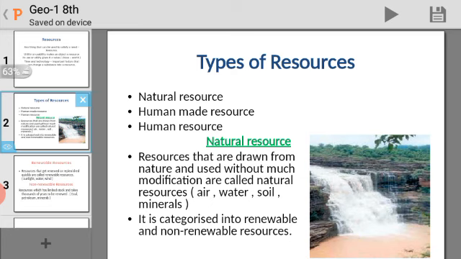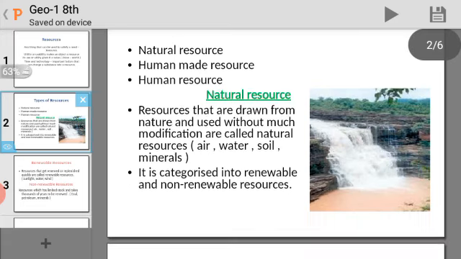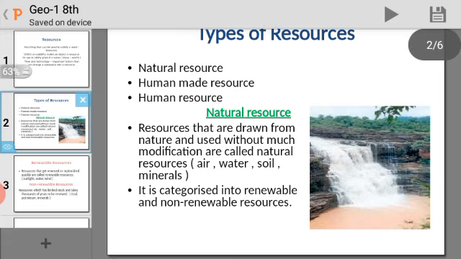Natural resource, its title itself shows that a resource which is made by nature itself is called a natural resource.